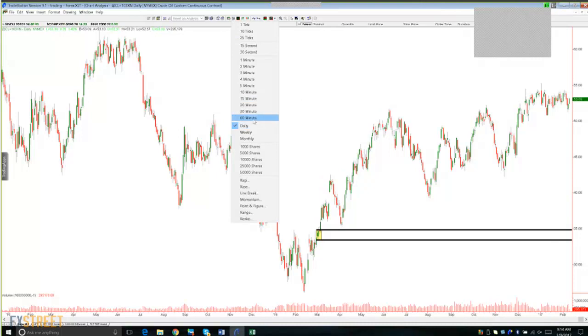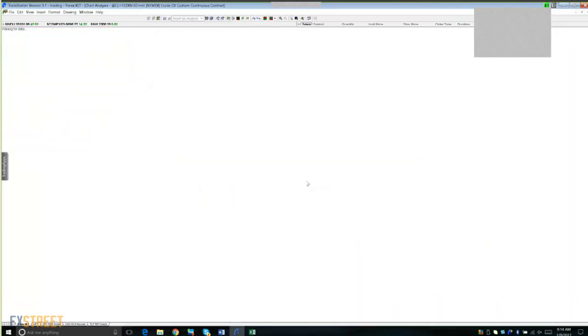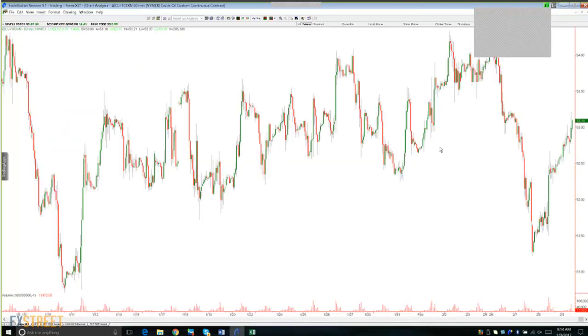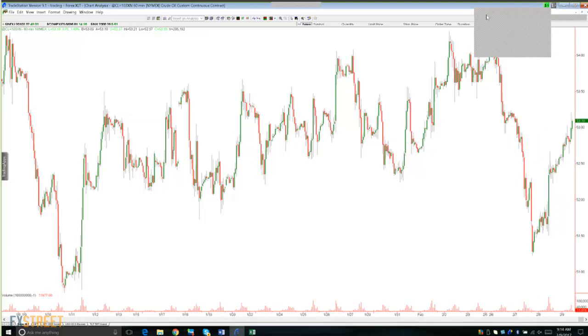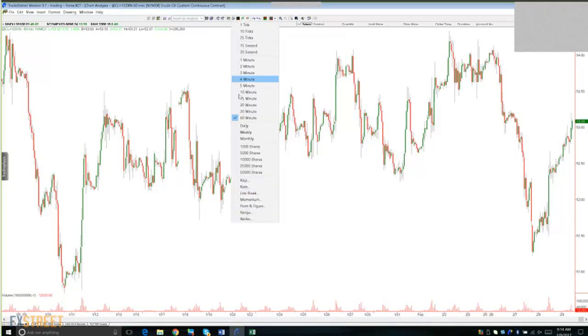When I bring this down to the 60-minute chart, give me just a second here. You'll see we're just starting to get into some areas here, and crude oil is stalling out. See that? At the same time, well, let me just take this down to a 30-minute chart. I think you'll be able to see everything here.